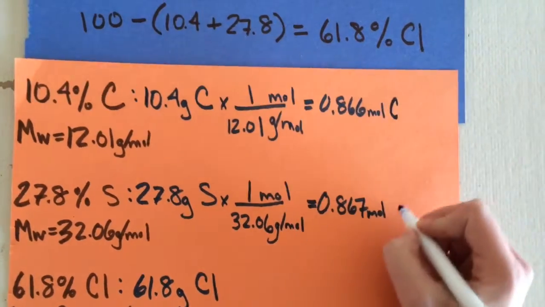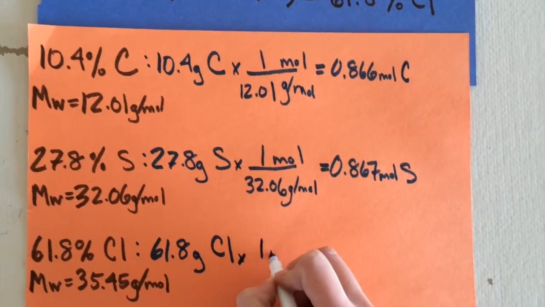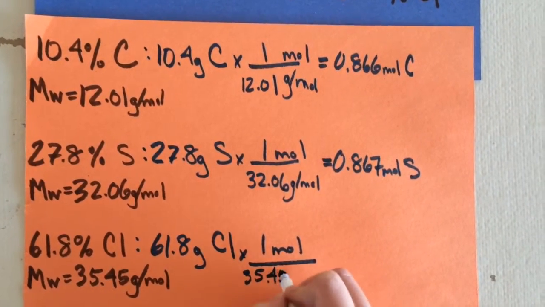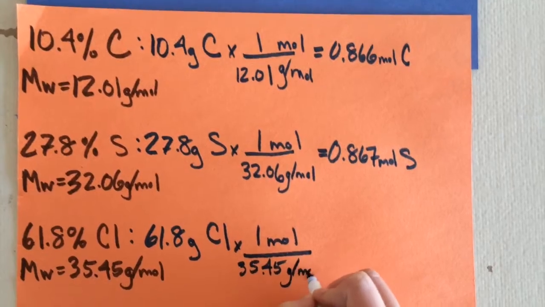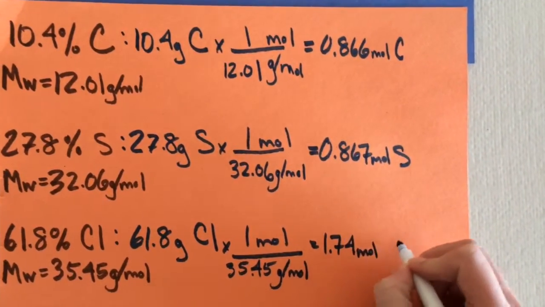We'll put carbon here, sulfur. Same thing for chlorine. 1 mole over 35.45 grams per mole, and that equals 1.74 moles of chlorine.